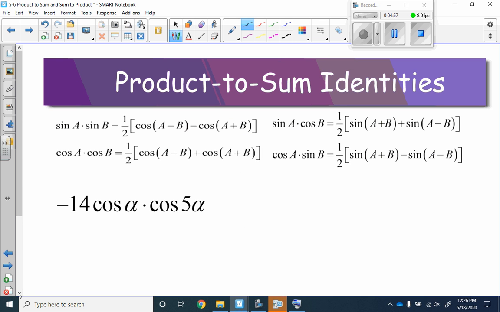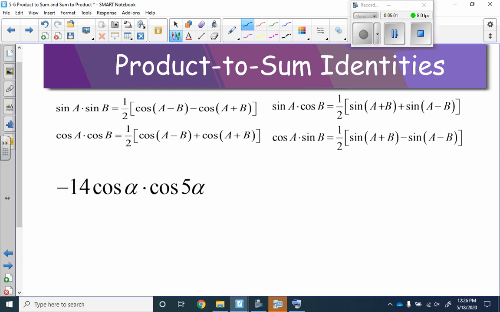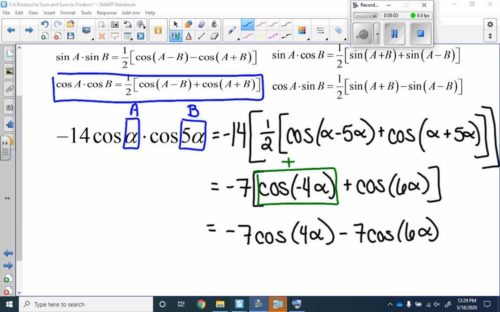All right, why don't you try and see if you can do this one on your own? Now that negative 14, just don't worry about it too much yet. You can work on it at the end, but just take it out. Cosine A times cosine B, working that.